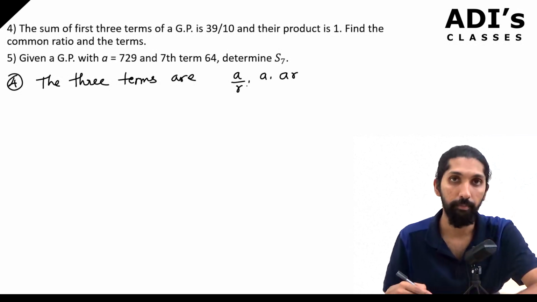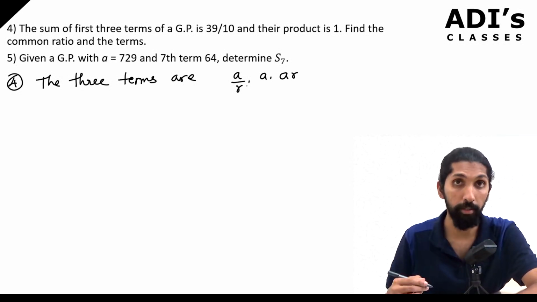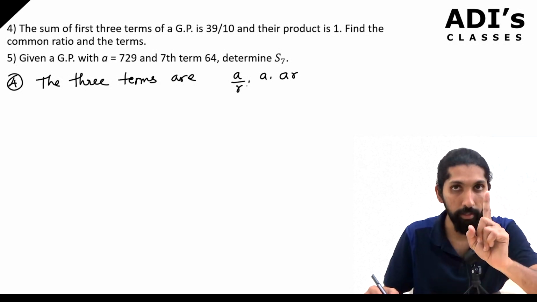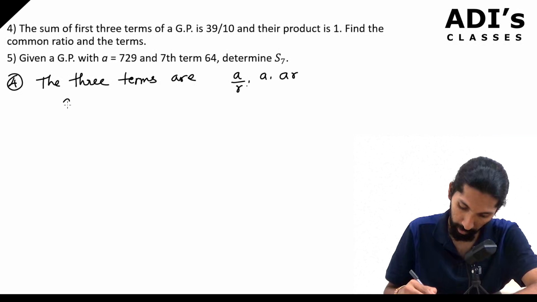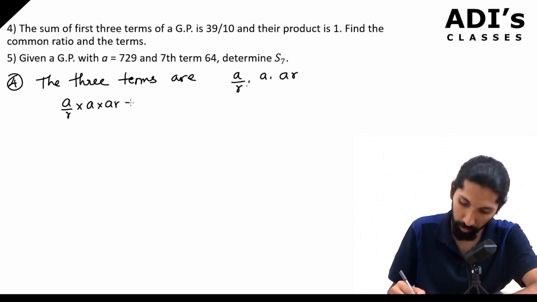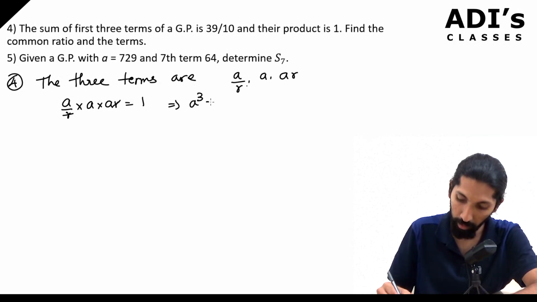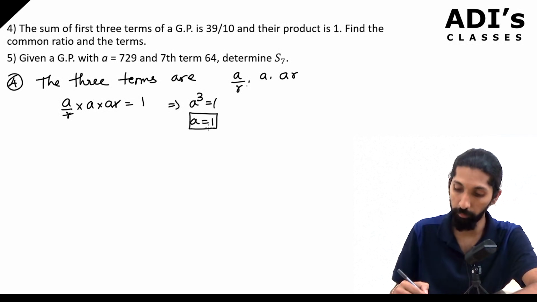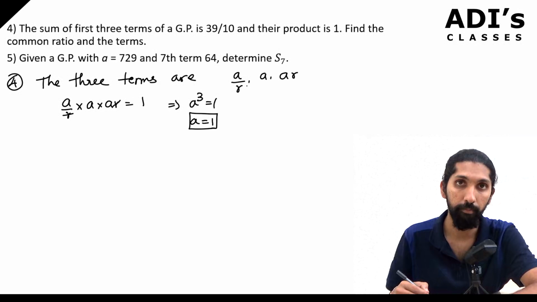First, we'll start with the product. The product of these three is 1, so A by R into A into AR is equal to 1. So, that basically tells us A cube is 1, or A value is 1. We got the value of A, very simple.